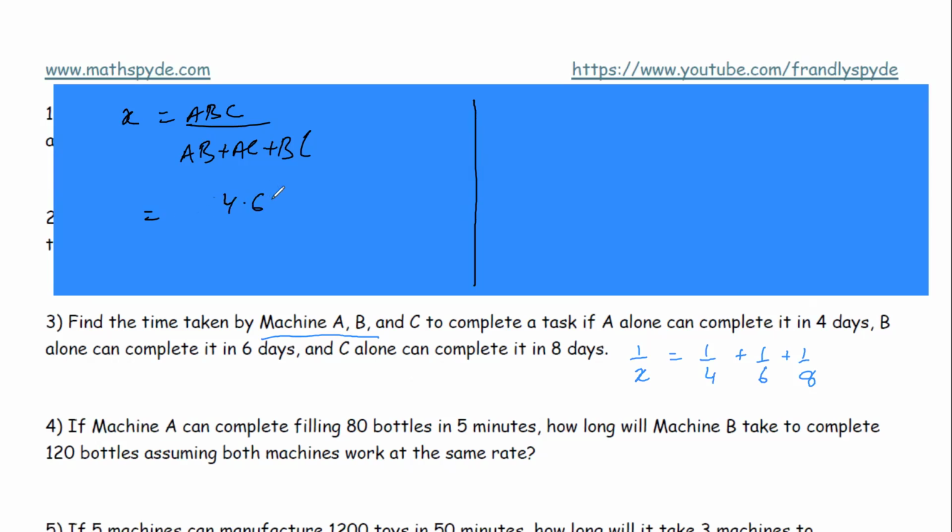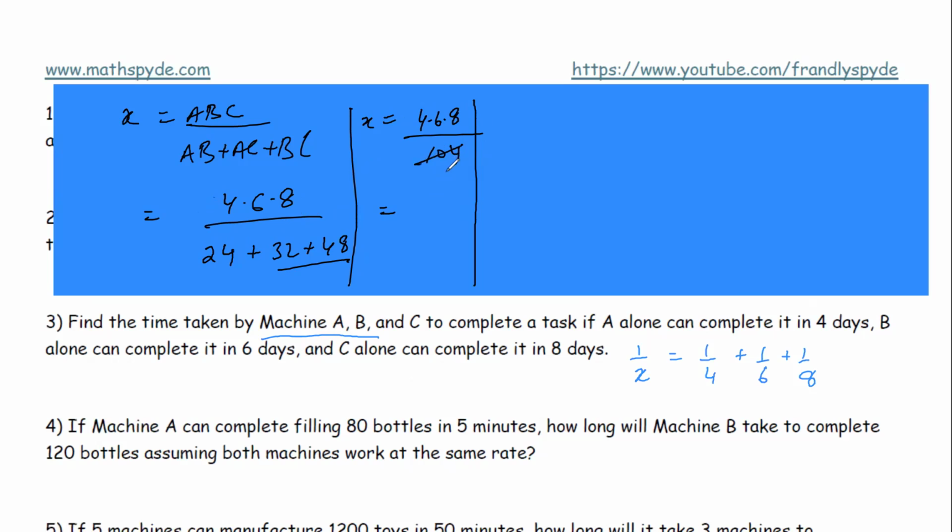So that's 4 into 6 into 8. And then it is 4 6s are 24, 4 8s are 32, 6 8s are 48. So that is X is equal to 4 into 6 into 8 upon 104.